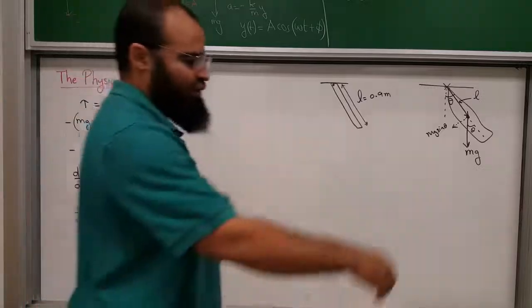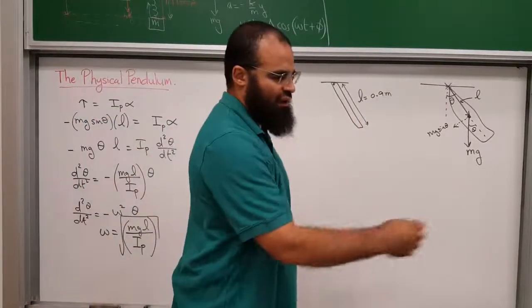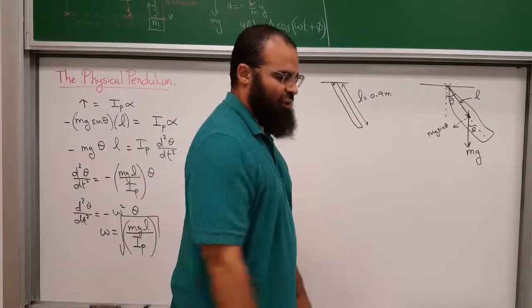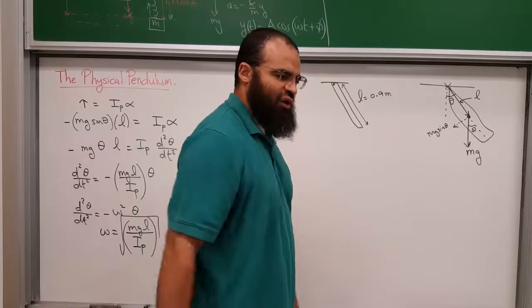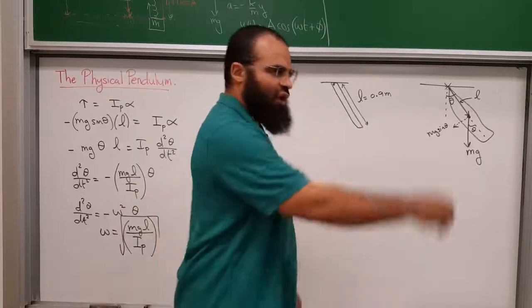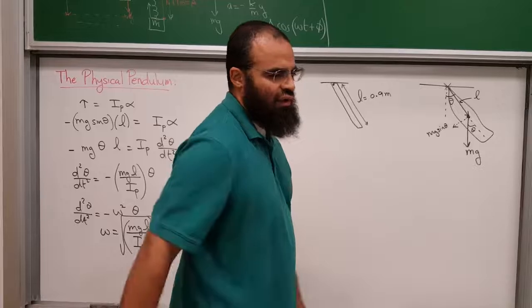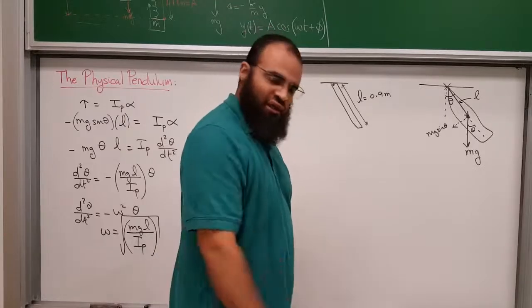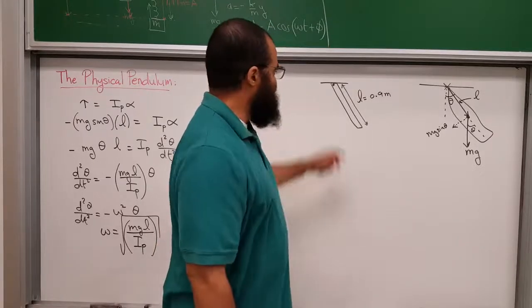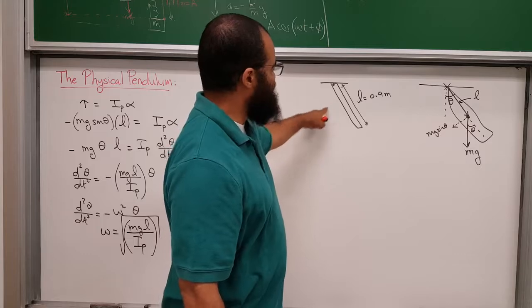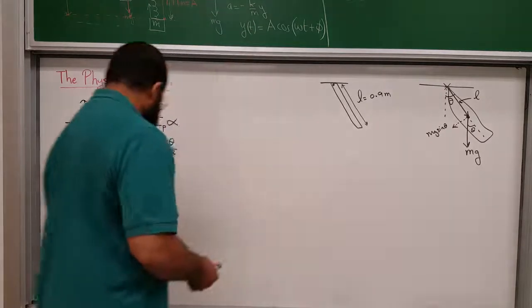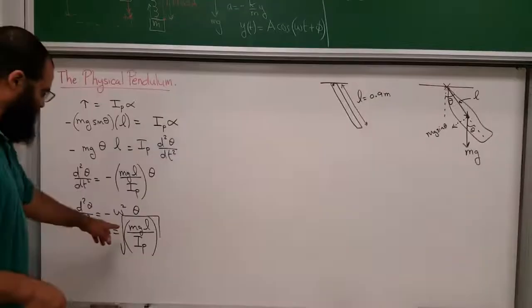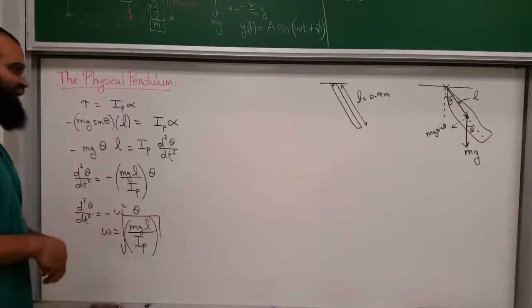I can do it with my arm and just let it hang until it stops. There is damping, which we'll talk about in a moment. So what's the frequency of small oscillations if I don't apply any force on it, but just let it swing by itself? Well, the frequency of small oscillations would be the square root of mgL divided by IP.